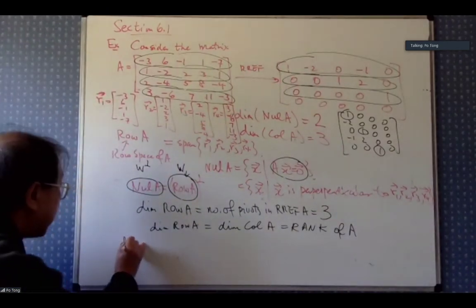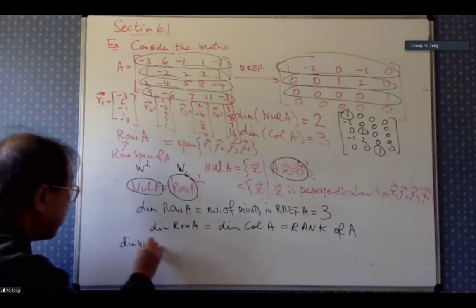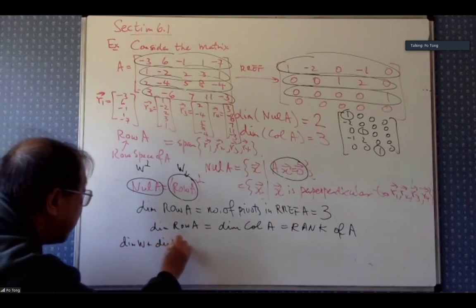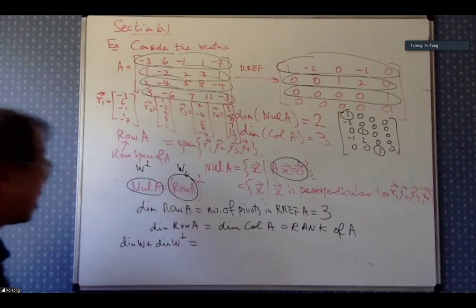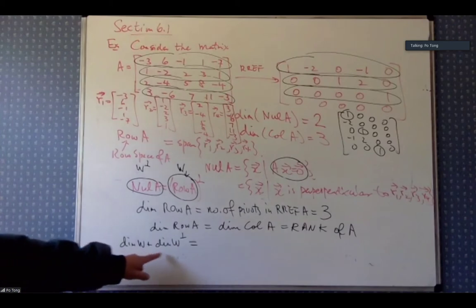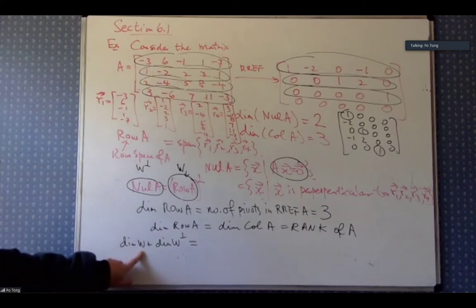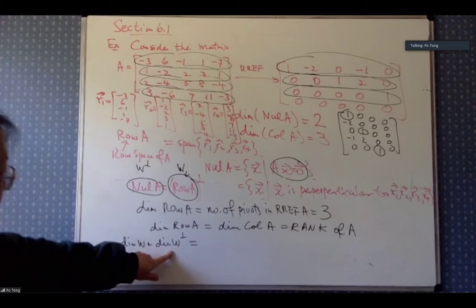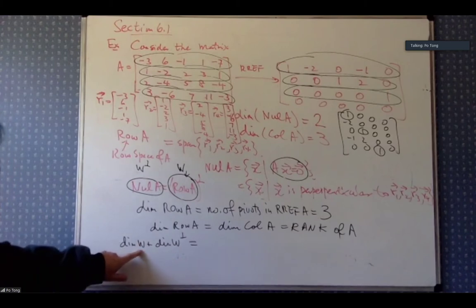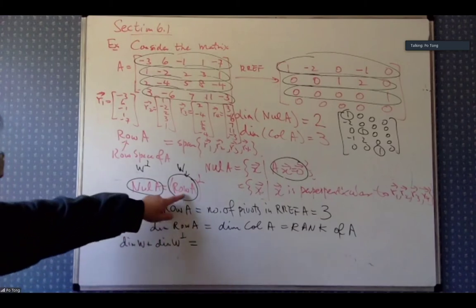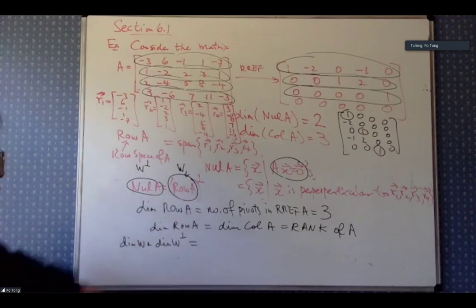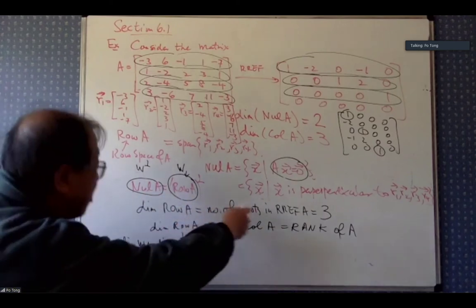What is the dimension of W plus the dimension of W perp? I'm trying to convince you that we were using this formula yesterday when Anna was answering one of my questions. Dimension of W, W is the row space of A, which is equal to the number of pivots.